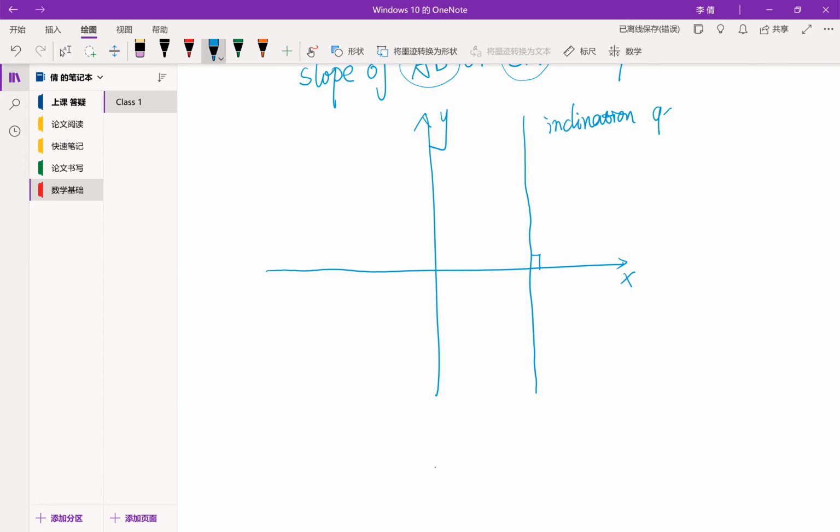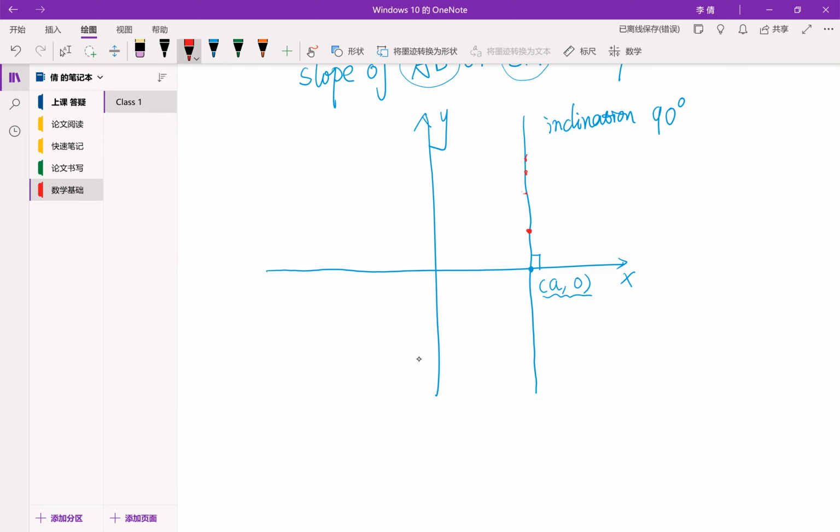And then let's say this line passes through this point, and this point is (A, 0). All the points on this line have x coordinate equal to A, right?